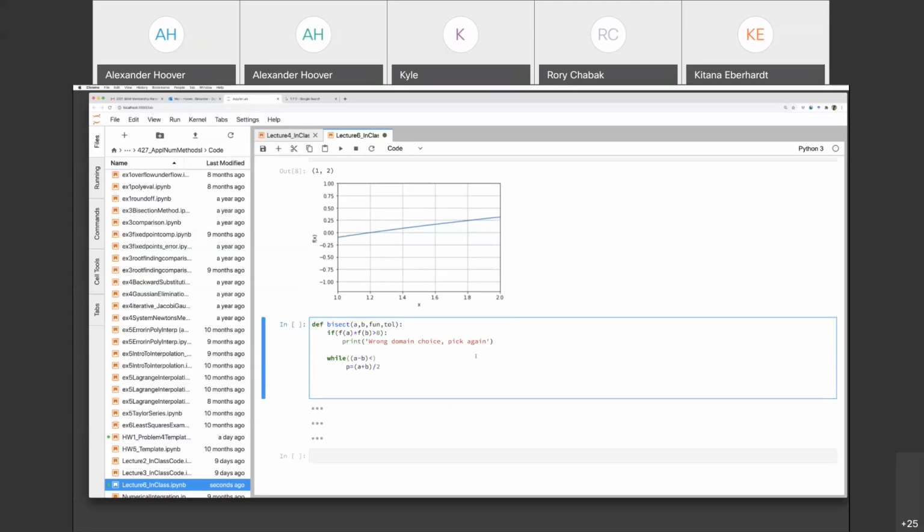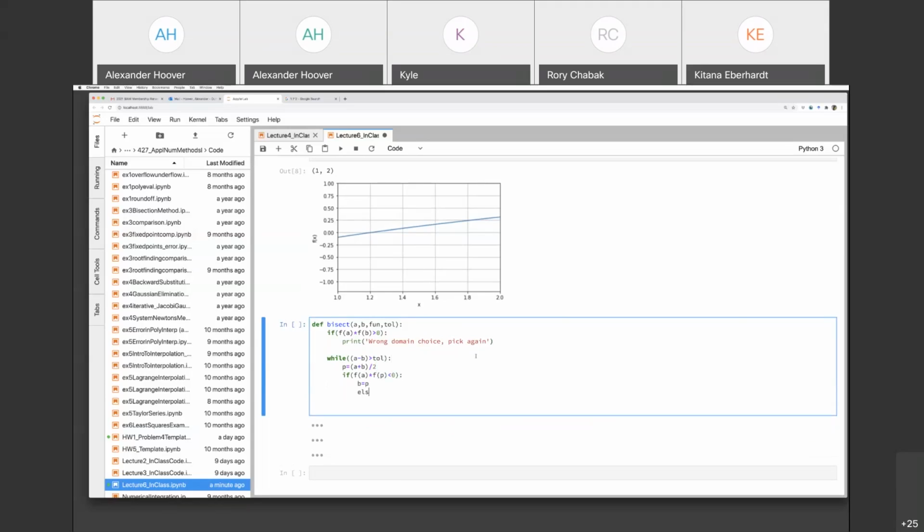While A and B are greater than our tolerance, we set P equal to the midpoint, and then if F of A times F of P is less than 0, then B is equal to P. Else A is equal to P. Okay.